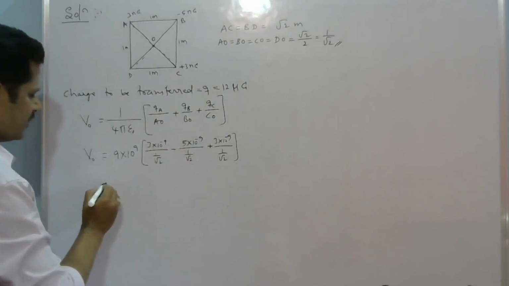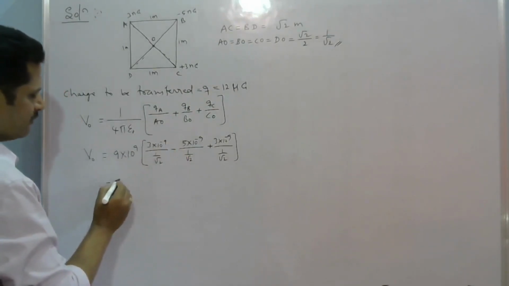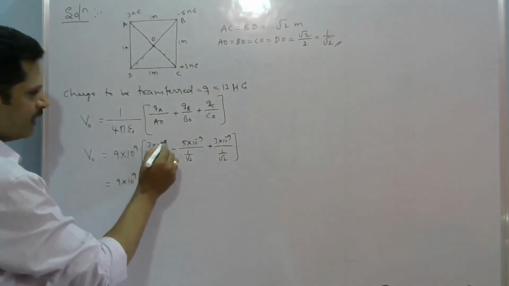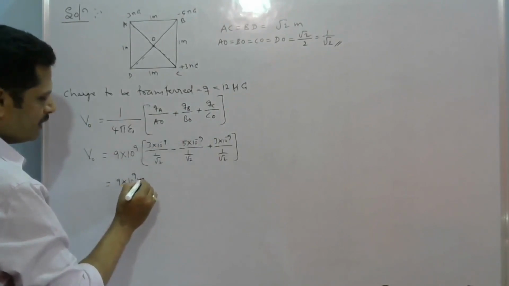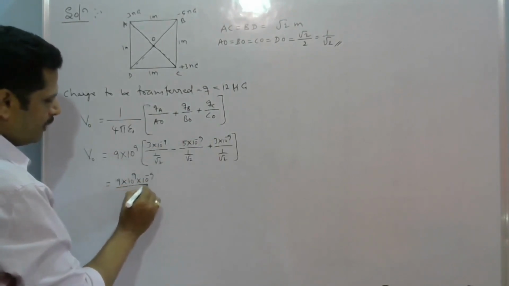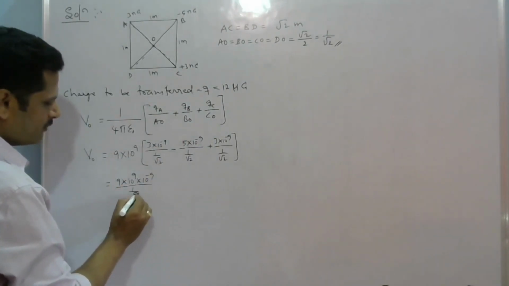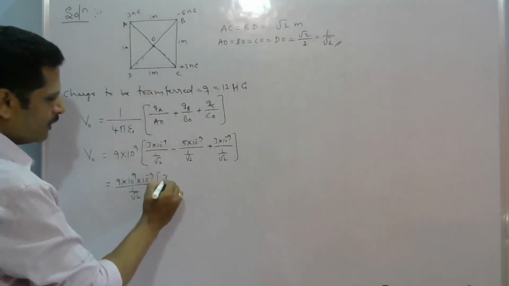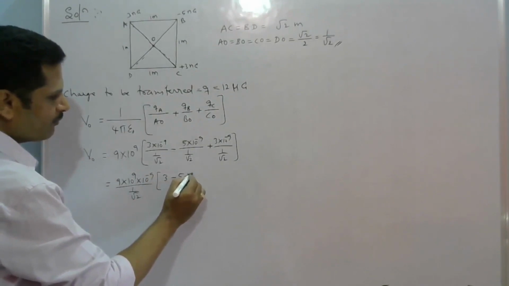Let me take the common things outside, that is 9 into 10 to the power of 9 and 10 to the power of minus 9. 1 by root 2 is common in all three, so we can take 1 by root 2 outside. We are left with 3 minus 5 plus 3.